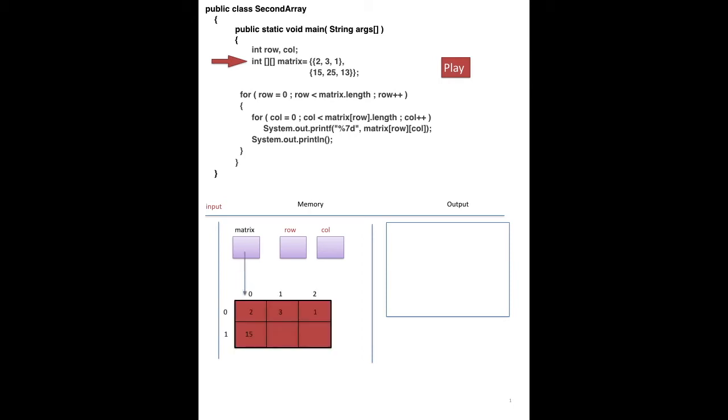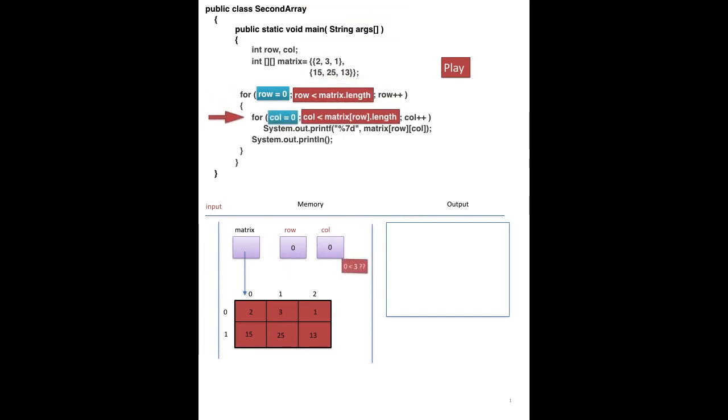So here we start by declaring row and column, and then declaring the two-dimensional array. We fill the array, and then we start the outer loop. Row equals 0. Is 0 less than 2? True. We go inside. Column equals 0. Is 0 less than 3? True.